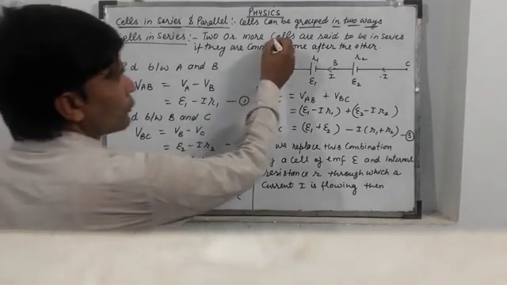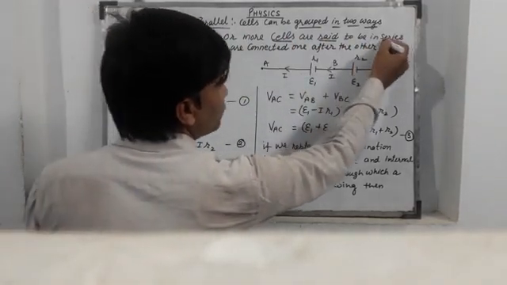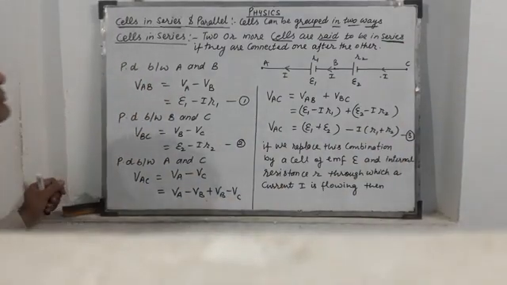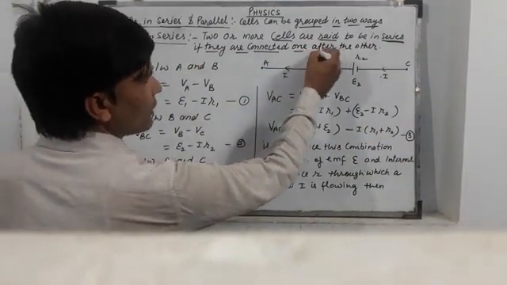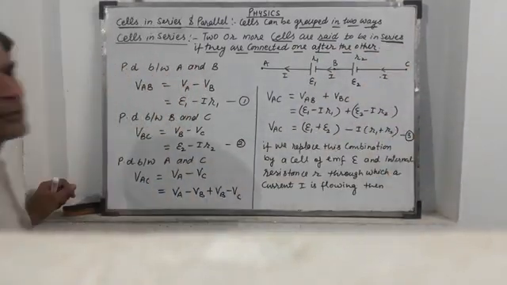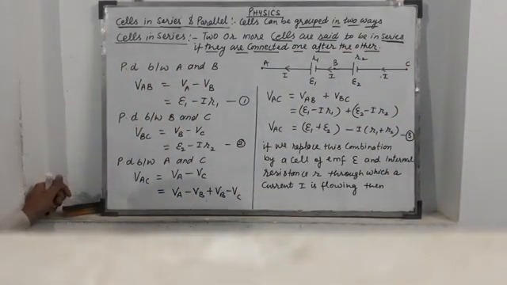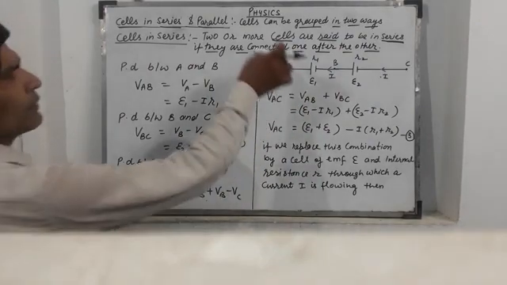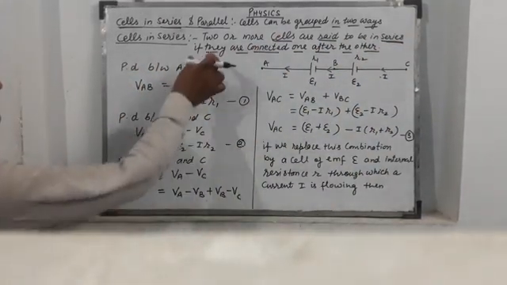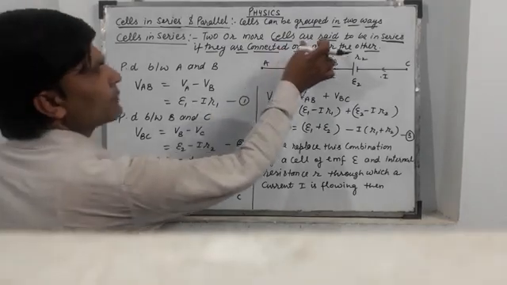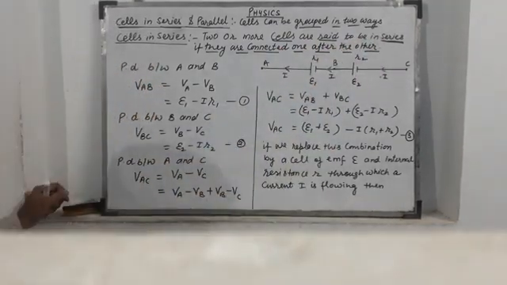Two or more cells are said to be in series if they are connected one after the other. The definition is the same as we use for resistance and capacitors.